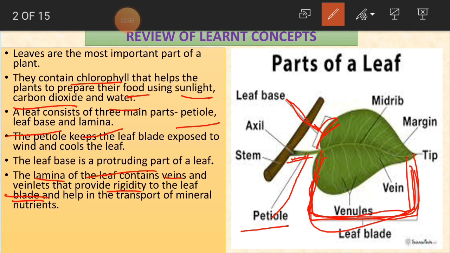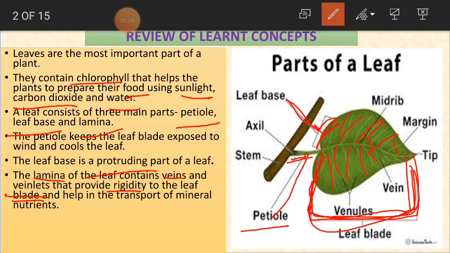What does the lamina do? The lamina is a thin layer, like we said, veins. The leaf contains veins. You can see here the small lines. These are nothing but the lamina, and the lamina of the leaf contains veins and veinlets.